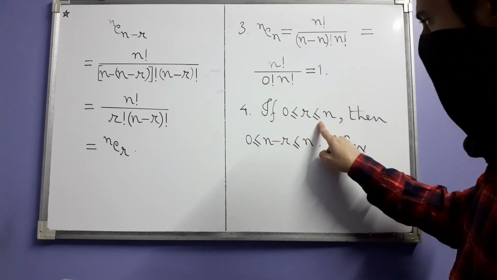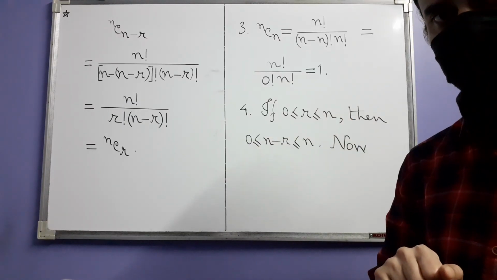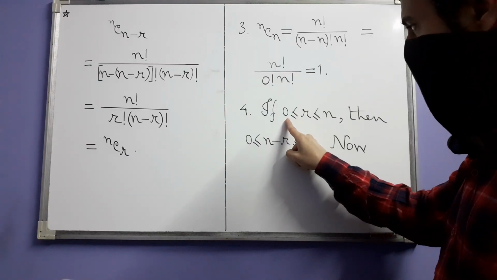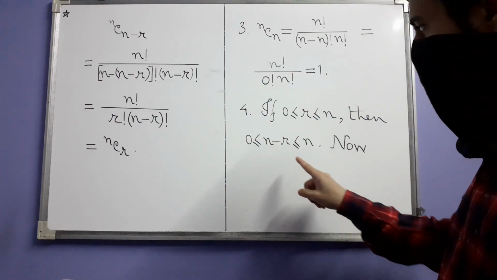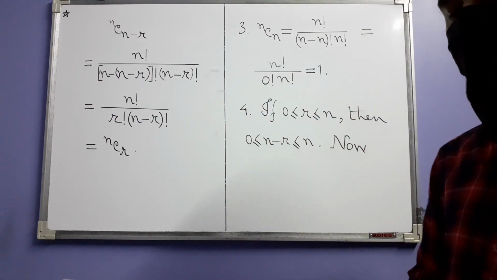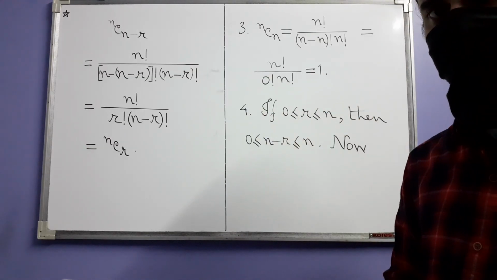Because r is less than or equal to n, n minus r is greater than or equal to 0. And at the same time, because r is greater than or equal to 0, minus r is less than or equal to 0. So adding n to both sides, you get n minus r less than or equal to n. That means if r is like this, then n minus r is also like that.